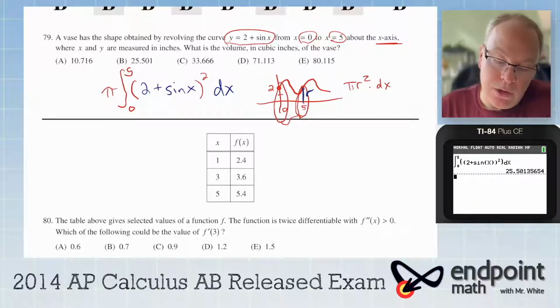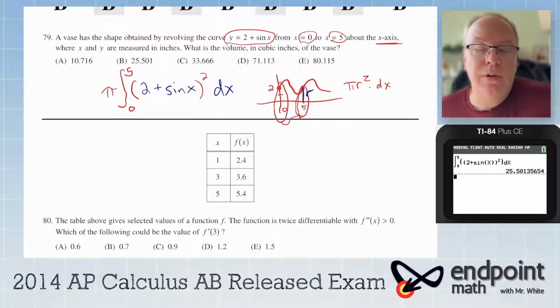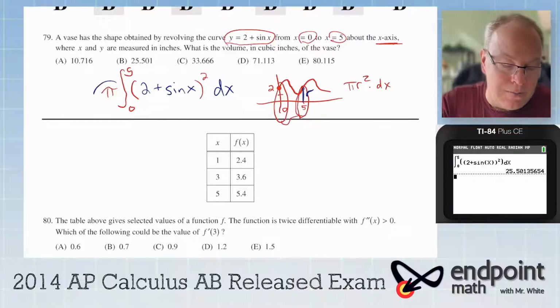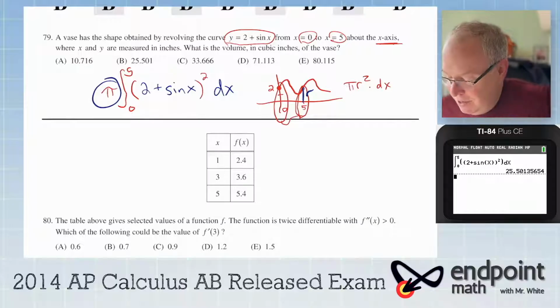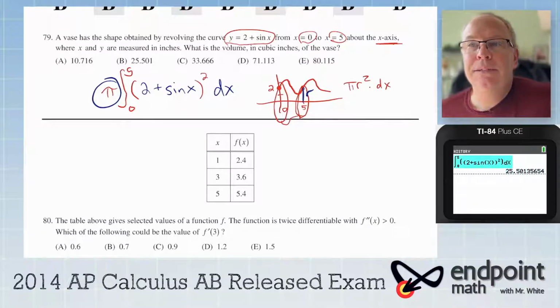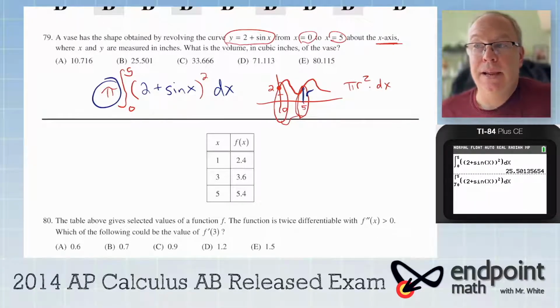All right, and I got 25.502. Now that is there, but I forgot something. Does anybody know what I forgot? I forgot to multiply by pi. So let's go back up here, and let's edit this and put a pi in the front. Second insert, and I hit the pi button. Where is that again? There it is.